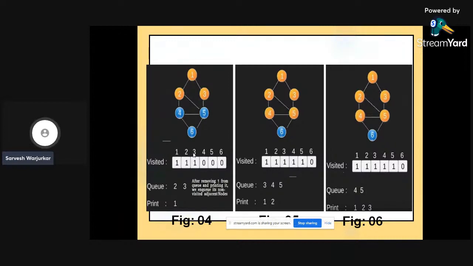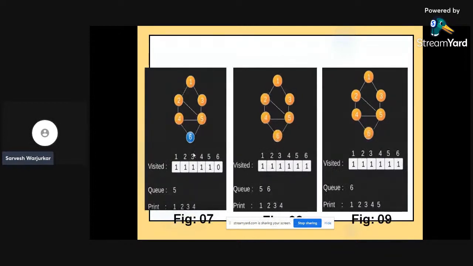Visited will be marked as 1 and unvisited will be marked as 0. Then I'm going to enter every element into the queue and then print it out from the queue to the print position. 1, 2, 3, 4, and 5 get printed, visited and printed from the queue.